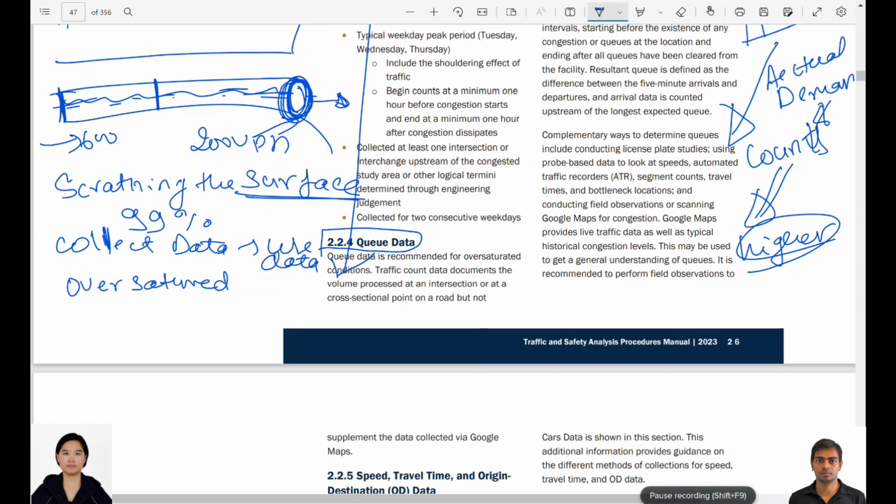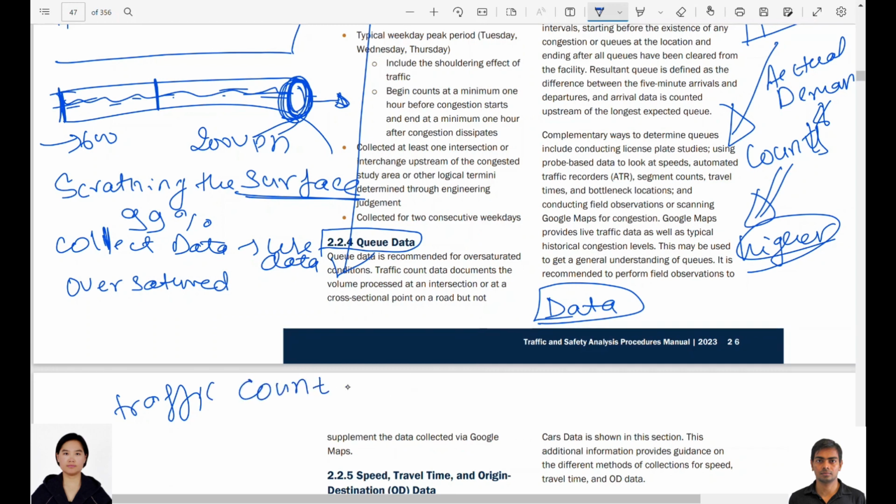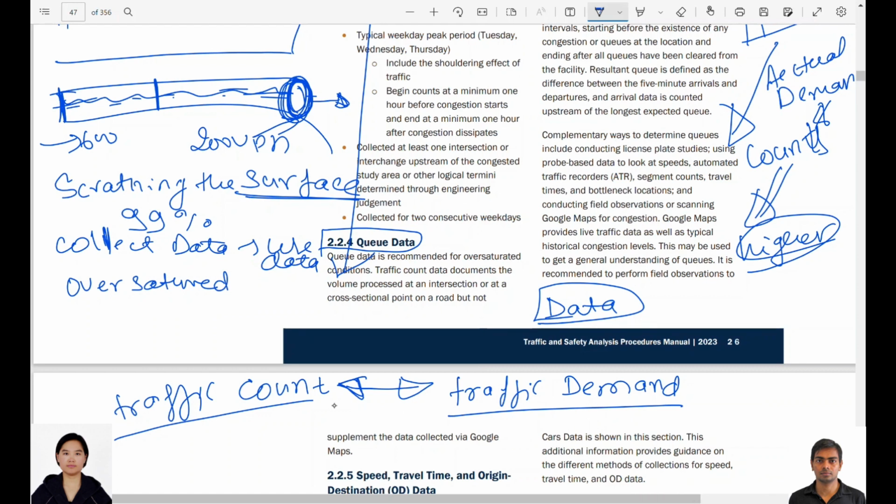I think this is a good stopping point for our discussion, and we will continue it in the next video about the data. As I mentioned, if you want to learn more about how to handle traffic count versus demand, which is one of the crucial aspects in traffic operations, however is not dealt with properly: the difference of traffic count versus traffic demand, how to handle these things, is traffic count always lower or higher than traffic demand, and what causes the difference?